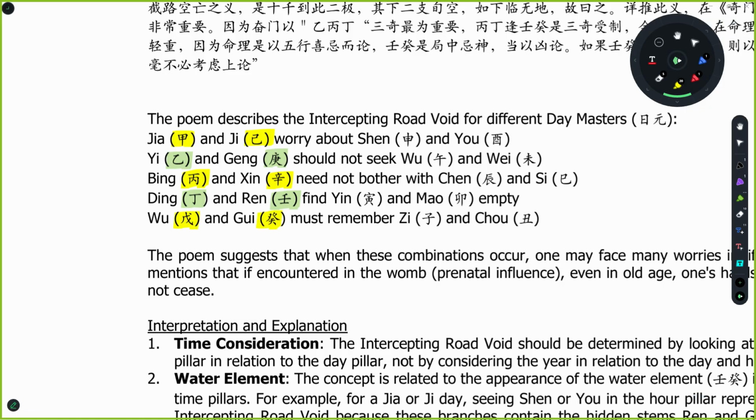Can anybody see what all these patterns are? Very good, Corinne. These are your stem combinations, isn't it? And so the Ren water combined with the Ding fire produce what? What do they produce? So they produce wood.